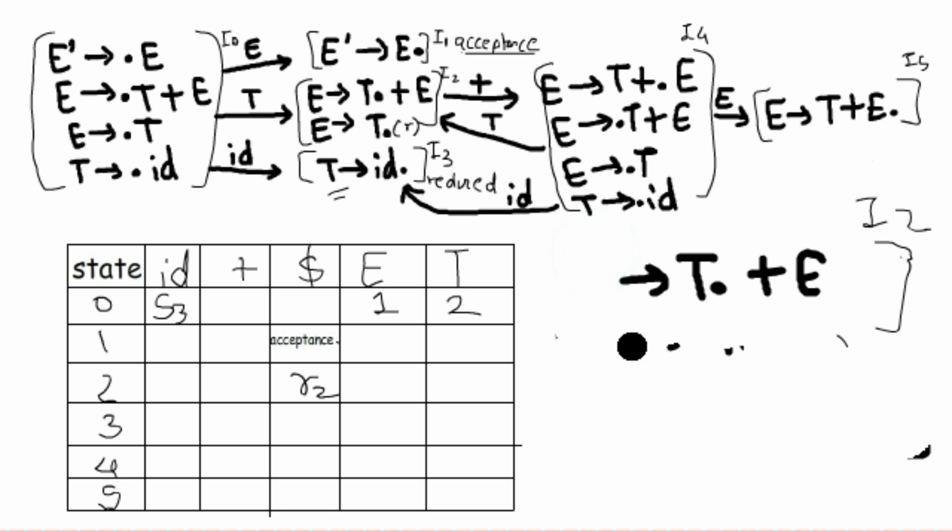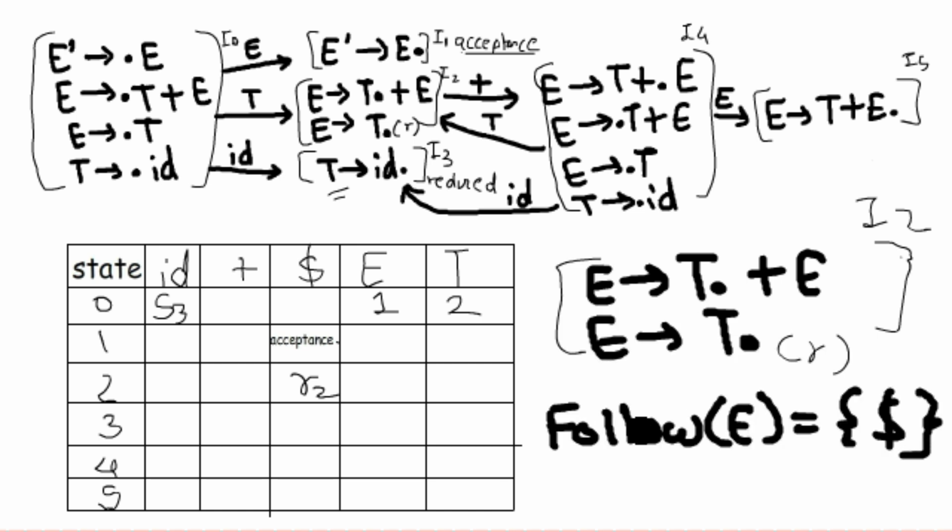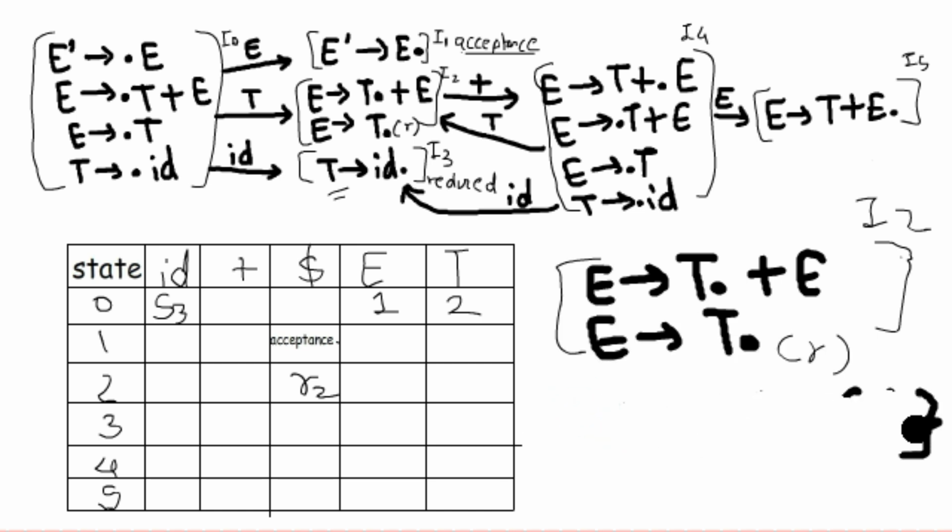Okay, there is one more thing. If you look at state 2, which is item number 2, in this there is one reduced term, but there is also this term. Where does this go? That is what you have to see. This term goes to the next state with the plus symbol.